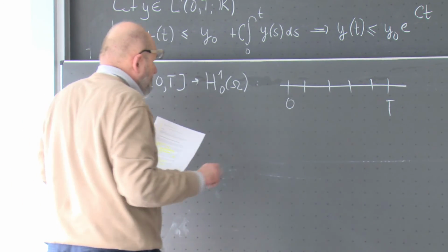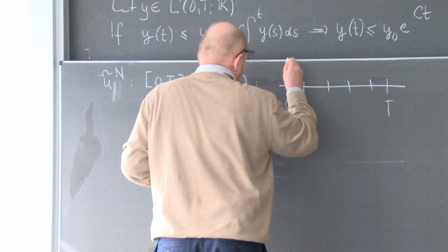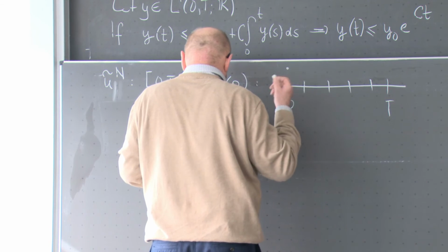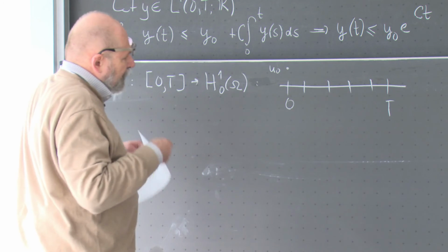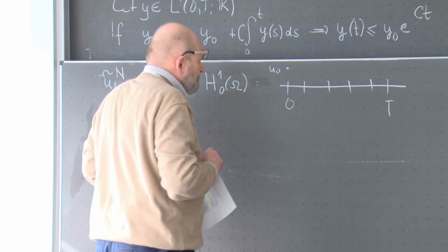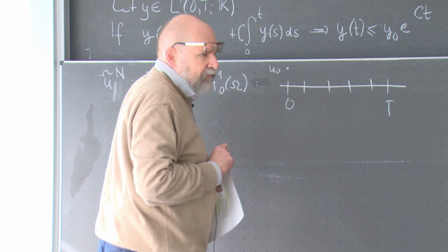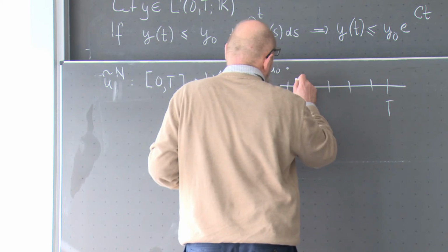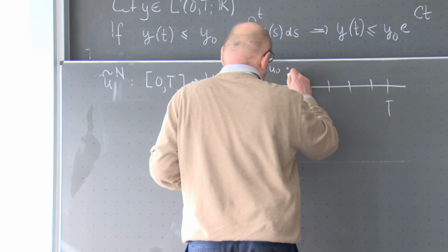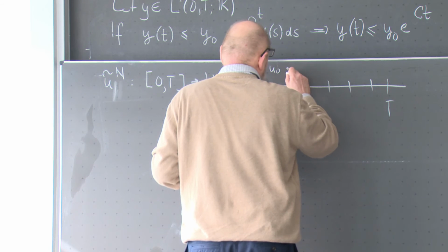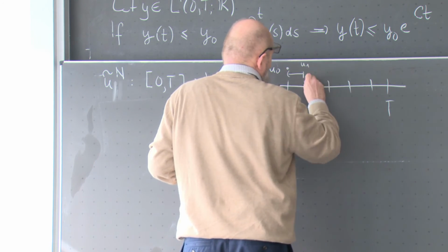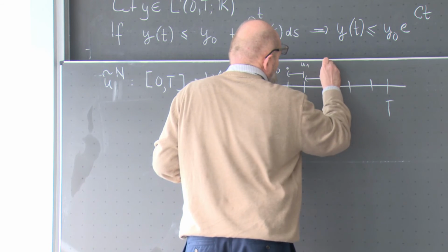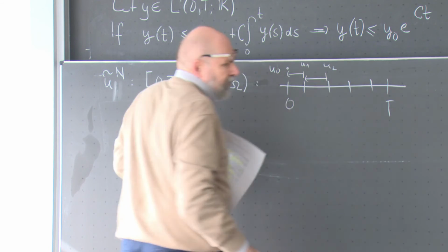Here we take u_0. These are indicated as points, of course elements of the Banach space. On the first interval, we take the value u_1, then here we take the value u_2, and so on.